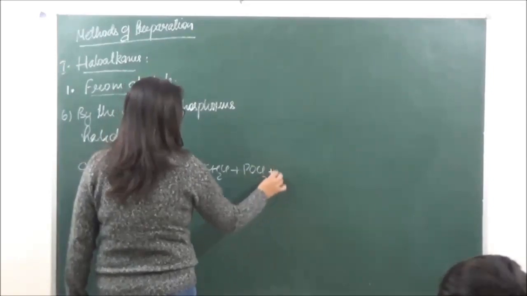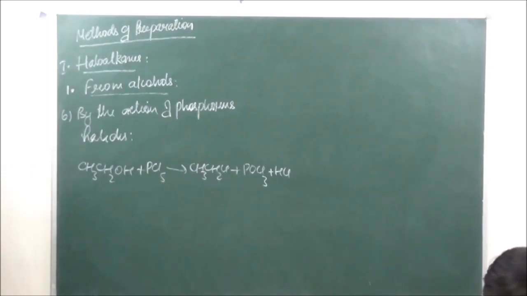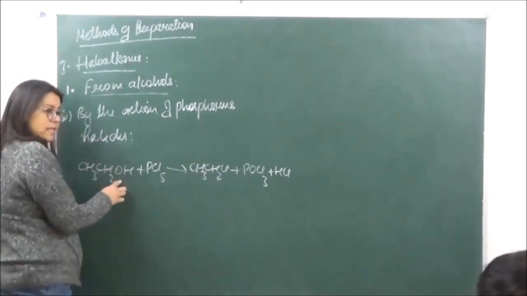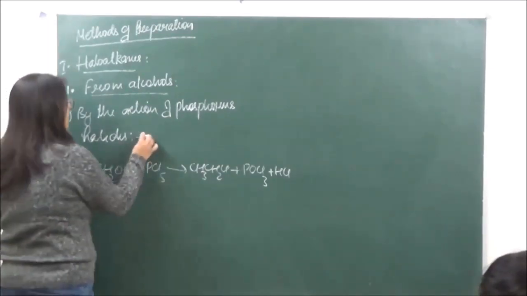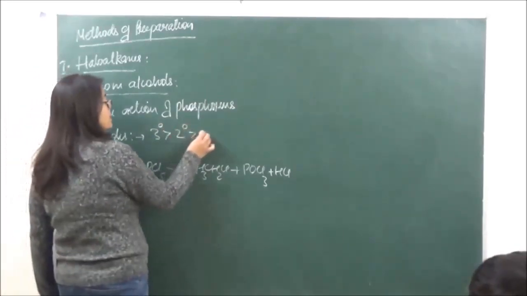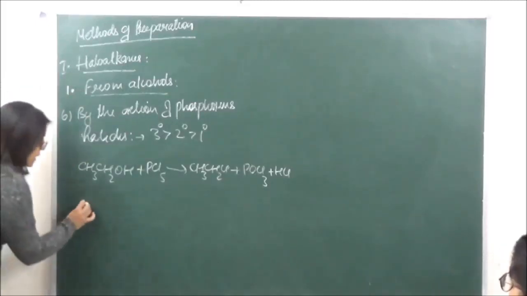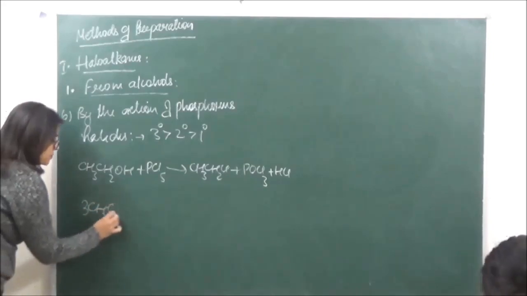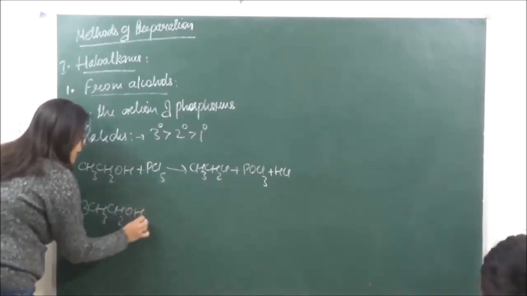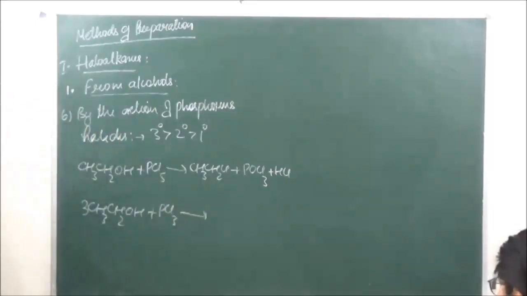POCl3 plus HCl. Okay, again here also, because it is a nucleophilic substitution reaction, the order of reactivity will be the same. 3 degree alcohol reacts most easily, then 2 degree and then 1 degree. A similar reaction can also take place by reacting it with PCl3.